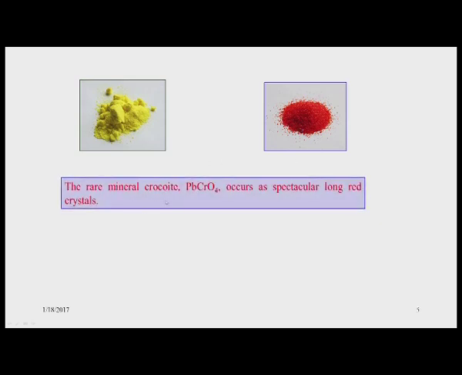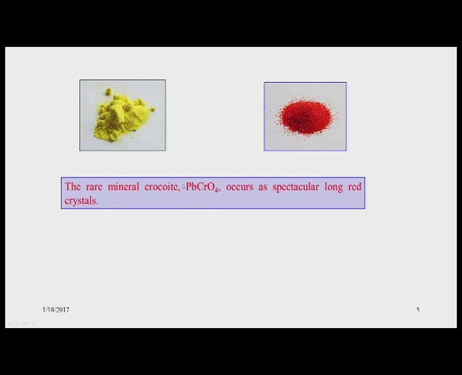But this particular color which we can see, this is sodium chromate, and we can prepare lead chromate also by addition of lead nitrate or lead chloride to a solution of this sodium chromate, and we get the corresponding precipitation of lead chromate.